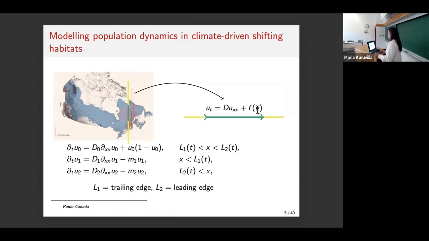And over top of that spatial domain, I will place my PDE. Now, because these interfaces are shifting, I have a trailing edge and a leading edge shifting in time, described by L1(t) and L2(t). And since on average they are shifting unidirectionally, I will always call L1 a trailing edge and L2 a leading edge.